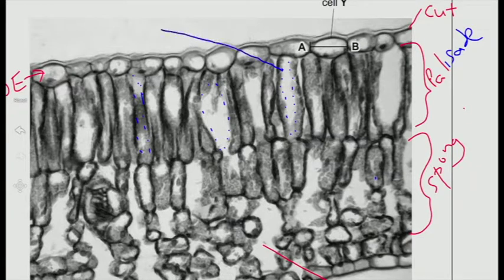So in this question, we are being asked to identify the palisade layer because in a leaf, most photosynthesis occurs in the palisade layer where the chloroplasts are. Remember, chloroplasts contain the green pigment chlorophyll which traps the sunlight for the reaction in there.